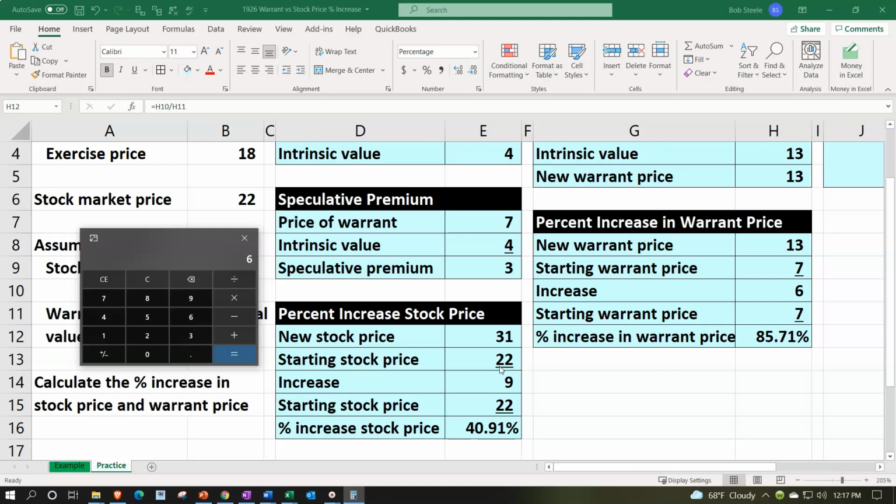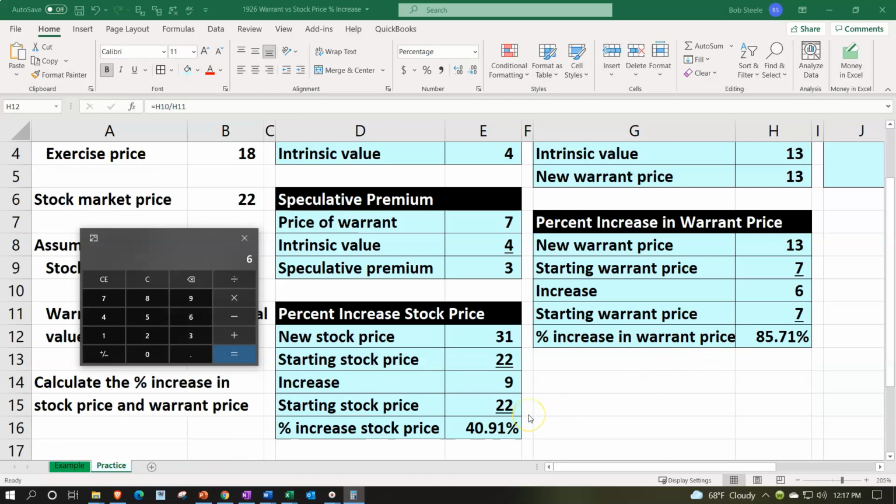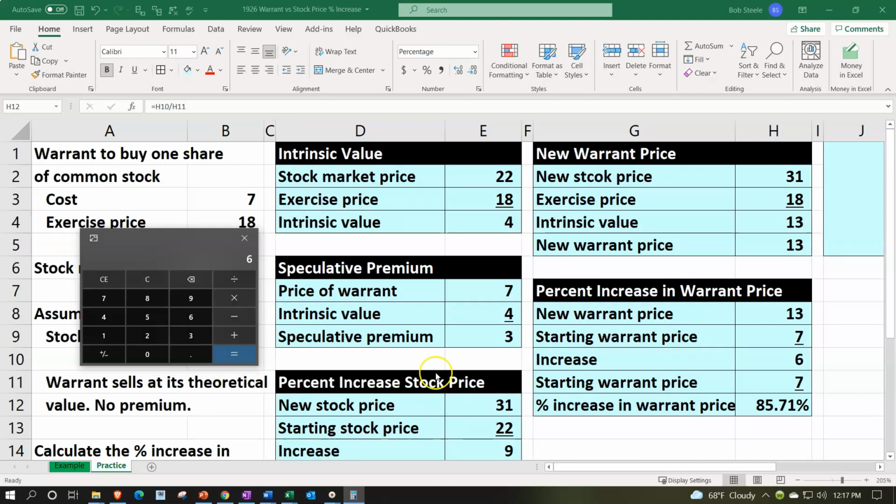So notice you actually have a lesser amount of change in the warrant versus the change we had in the stock price. Stock price went up by $9 because of that speculative premium difference. We've got this increasing on the warrant by $6.